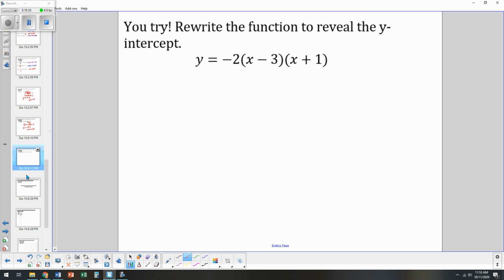Rewrite the function to reveal the y-intercept. We are written in x-intercept form right now. We want the y-intercept, so we need to put it into standard form. You can pause, try it, and I'll show the answer.